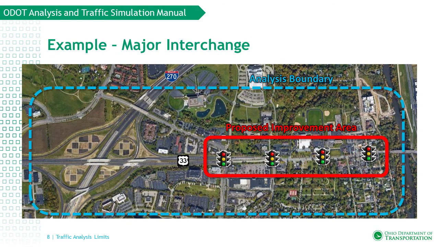Assuming a corridor improvement study is being conducted for 4 signalized intersections along US 33, typically the required analysis area would be covered by just including these 4 intersections. However, because the major interchange of Interstate 270 and US 33 is just west of the improvement area, it is recommended that the interchange be included in the study area.